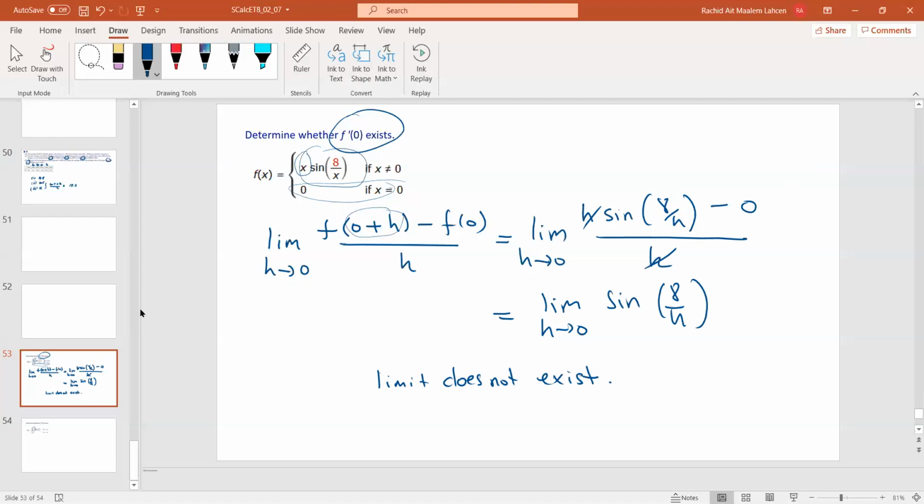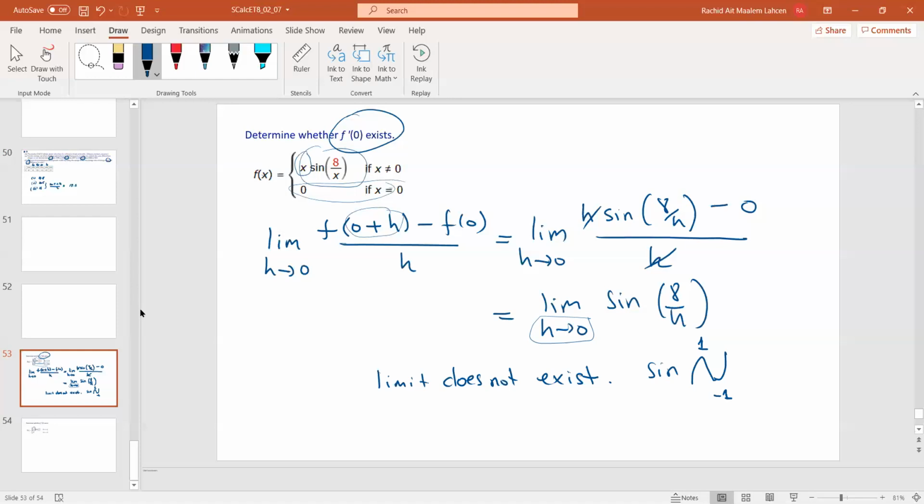Because the sine function keeps bouncing between 1 and -1. So it doesn't commit whether h is approaching infinity or 0 or 1, but here we're interested in h approaching 0, getting small. The sine function is still going to be bouncing between the two.